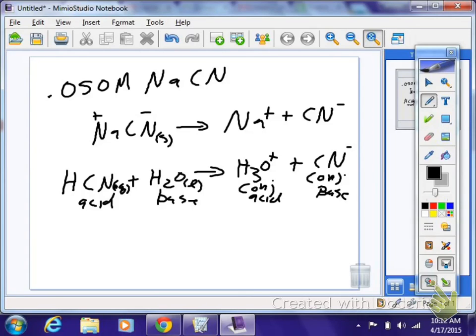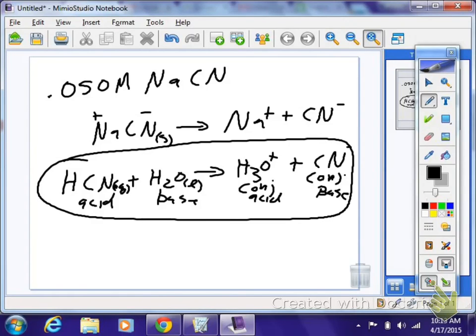So the CN minus is going to react with water to make a solution that is basic. Alright? So this reaction here is not taking place in our solution. I'm just writing this out to refresh your memory on what an acid is, what a base is, what a conjugate acid and conjugate base are.